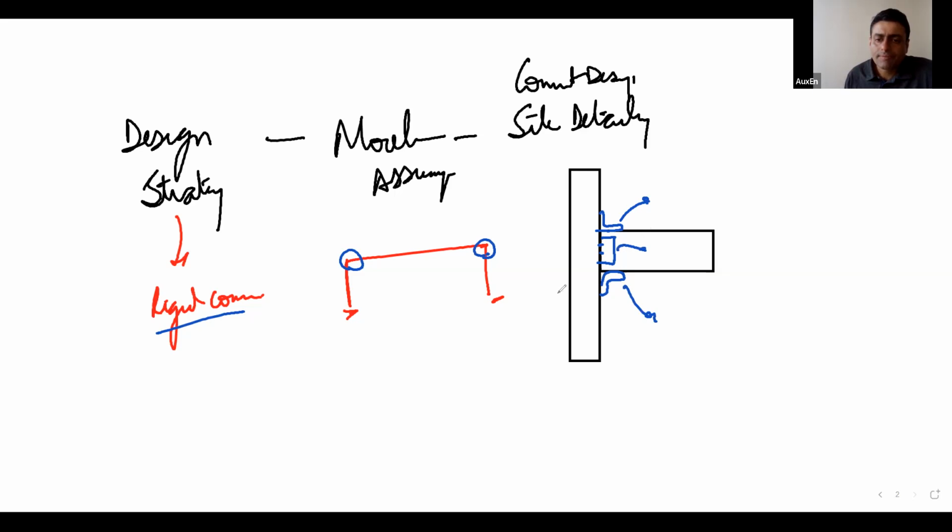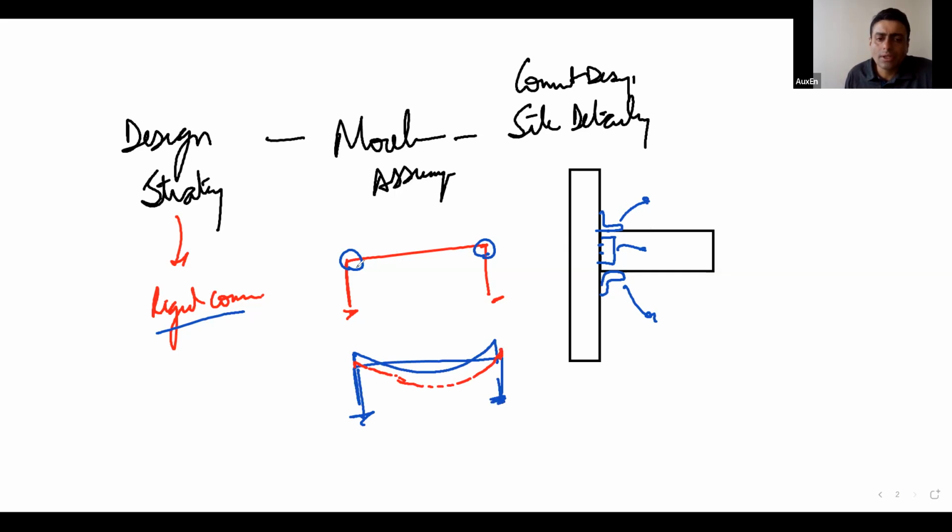So what will happen? Your bending moment diagram that you had assumed will be a sagging and hogging shape for a perfectly rigid connection. This may turn out to be something like this, that the hogging moment will decrease at the ends and the sagging moments will go up. Do you understand?